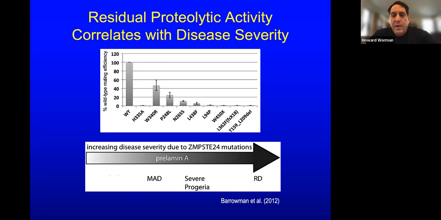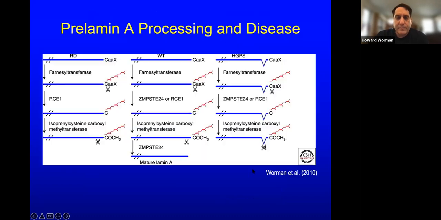As you can see here, they did an assay in yeast to measure the ZMPSTE24 activity. If you call wild type 100%, you see these patients with decreasing enzyme activity. It tended to correlate with the degree of disease, ranging from mandibuloacral dysplasia to a more severe progeroid phenotype to total loss of function, restrictive dermopathy, and neonatal lethality.